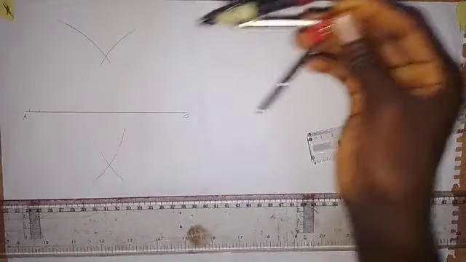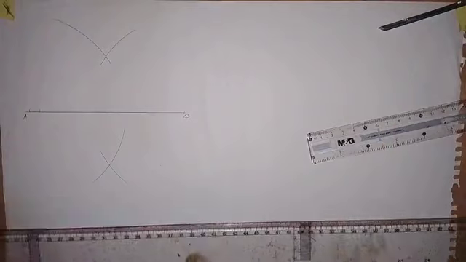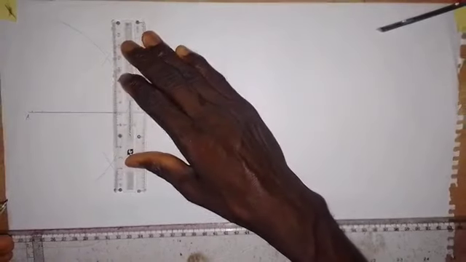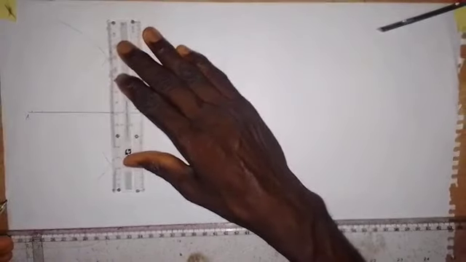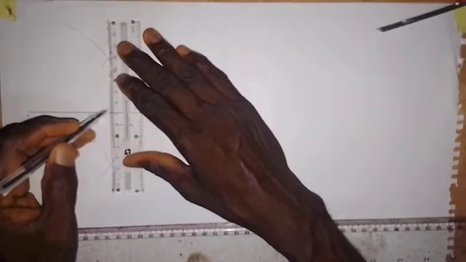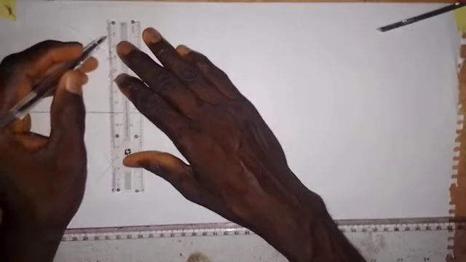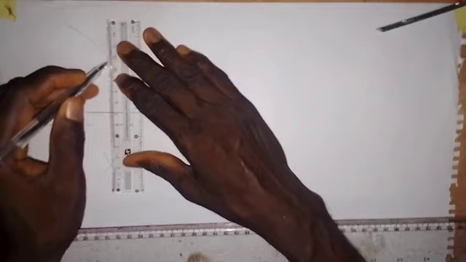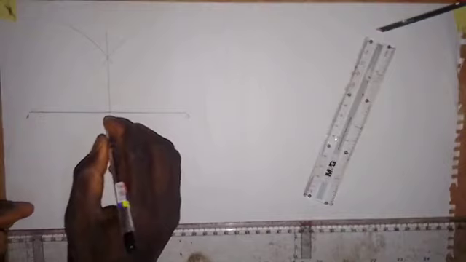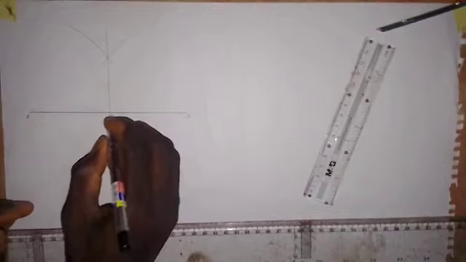So we are bisecting this line. Next we join the point of intersection of the arcs together, stopping on line AB. I will call this point C.